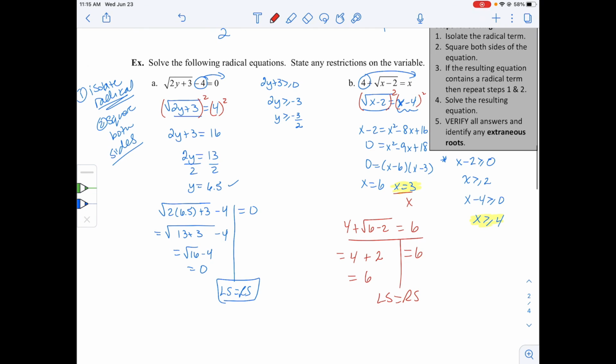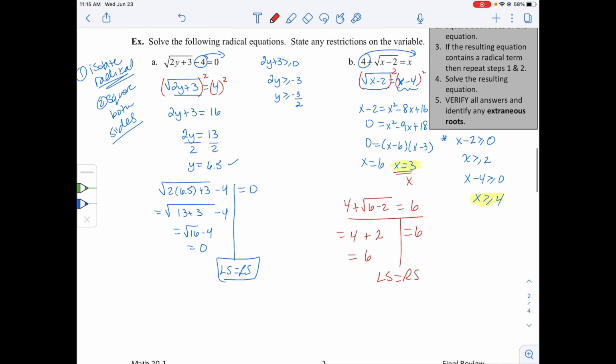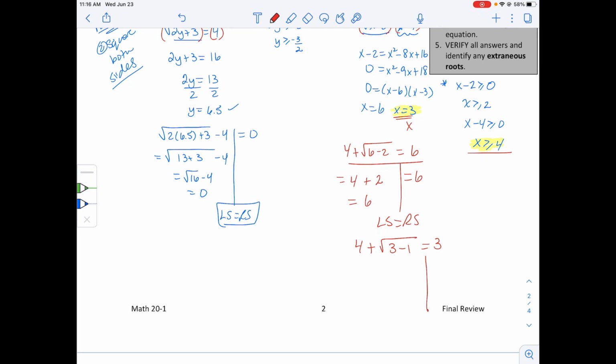But here we get x equals 3, so let's see what happens with that one. We're pretty sure it's not going to work because x has to be greater than or equal to 4. I know it's not going to work, but let's just double-check. We get 4 plus the square root of 3 minus 2, and that should be equal to 3.